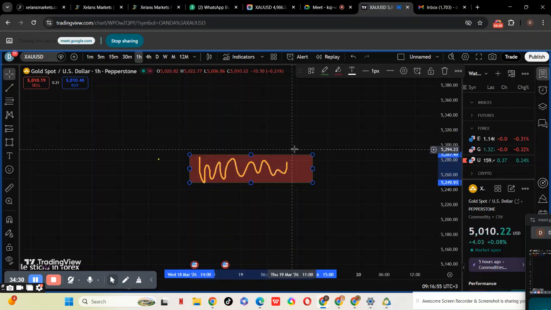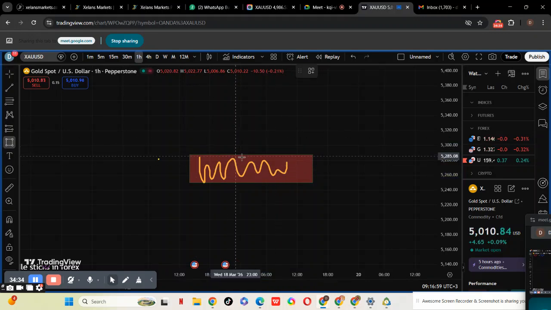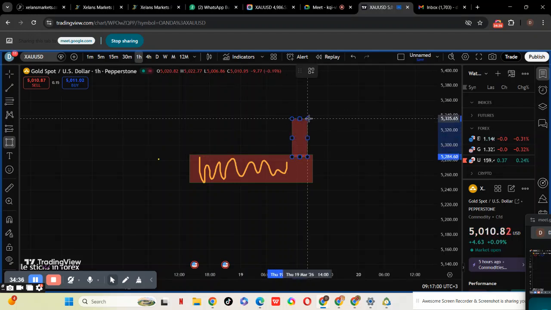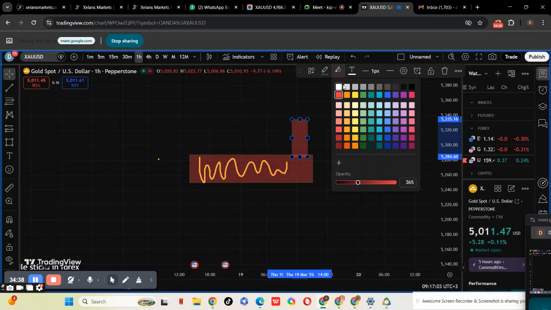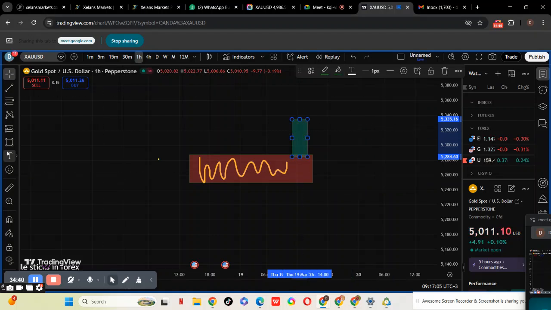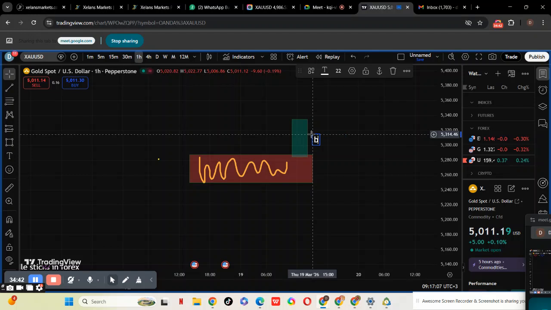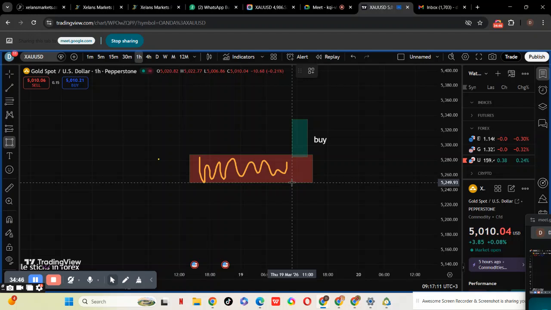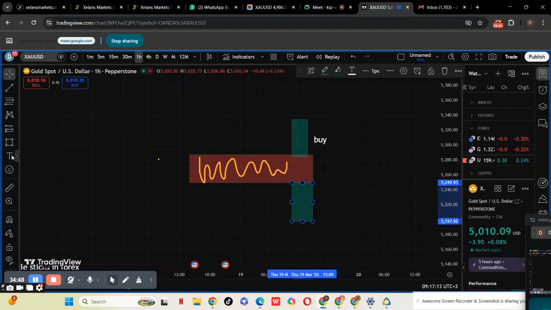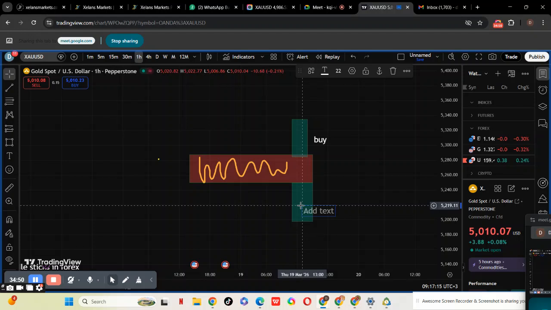So we sit and wait for the candle that will close above. Once the candle closes above your consolidation, we take a buy. If the candle closes below, we sell.